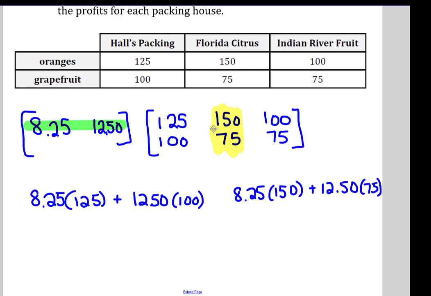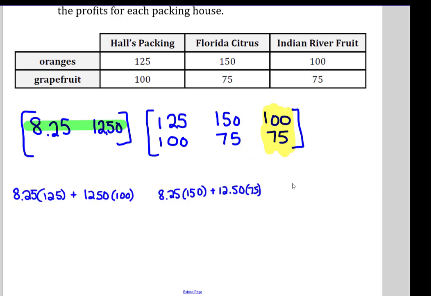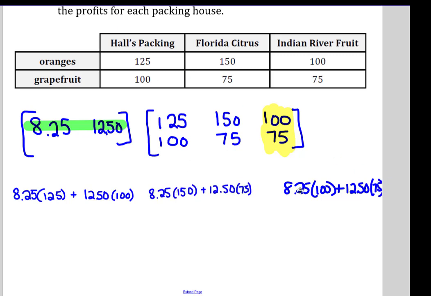Then moving over to that third column, we have 825 times 100 and 1250 times 75. So those are the first row elements.